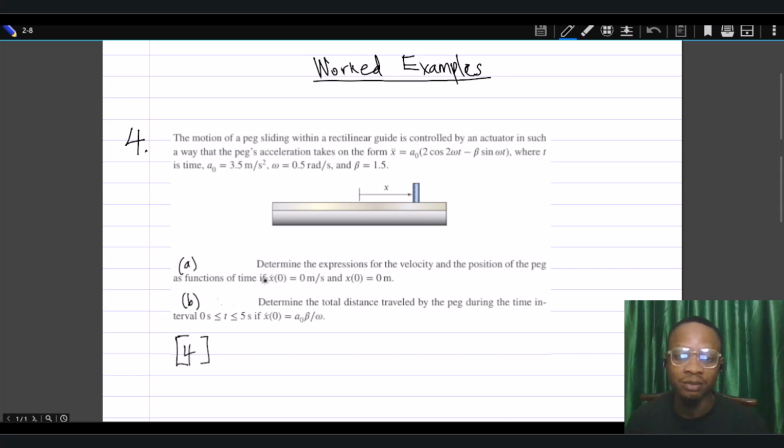In this case, we've been given the initial conditions. x dot is 0. That's velocity, as you might guess. Velocity is 0 when time equals 0, and position is 0 when time t equals 0. So it's similar to what we did in the last lesson where we were asked to find the velocity and position first as a function of time. So that's exactly what we're doing here.